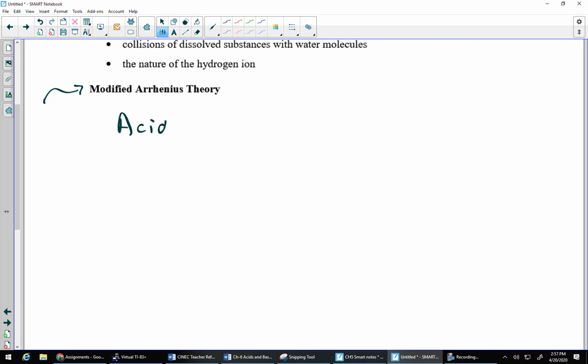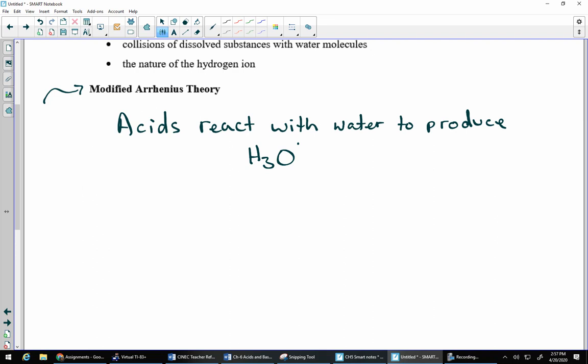Acids no longer ionize. Acids will react with water in all cases to produce hydronium ions, H3O plus aqueous.